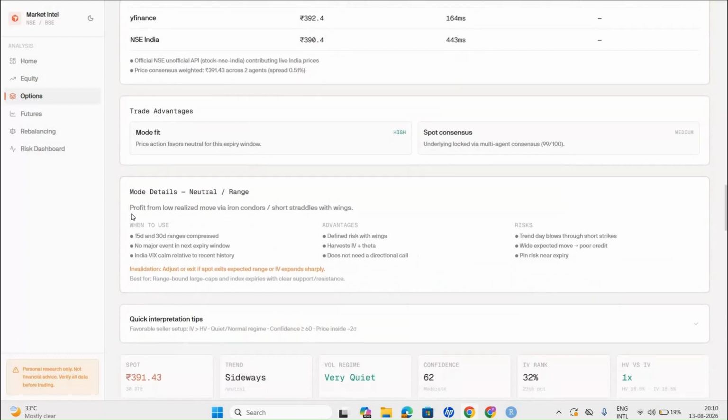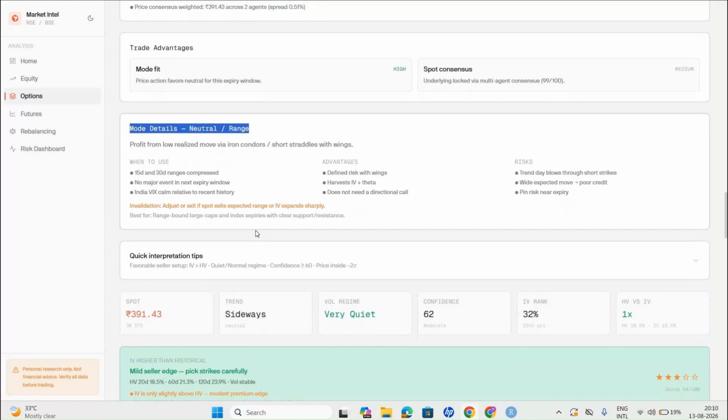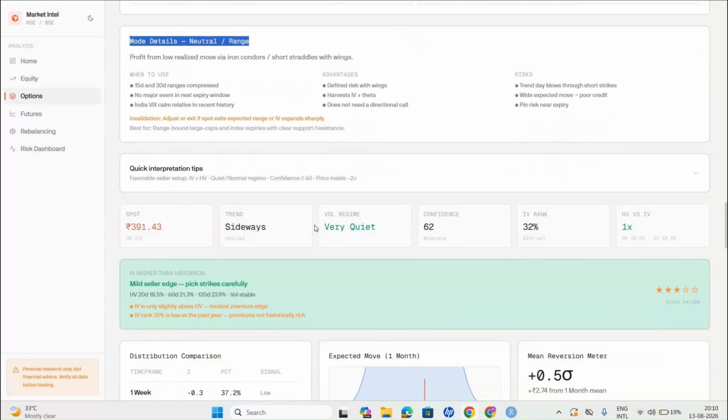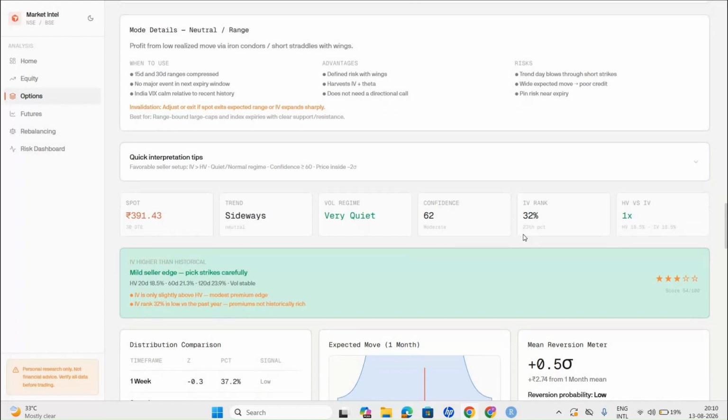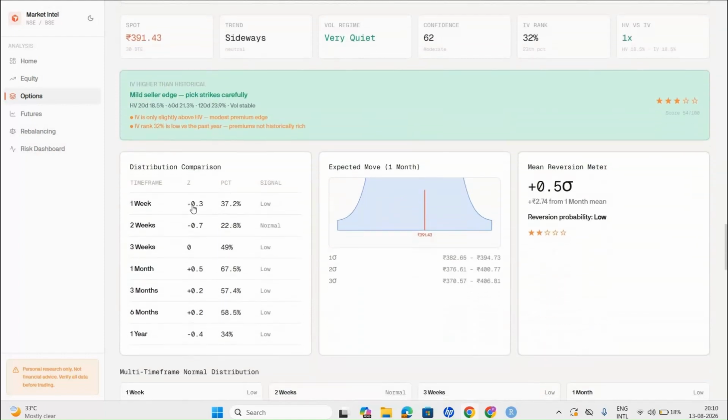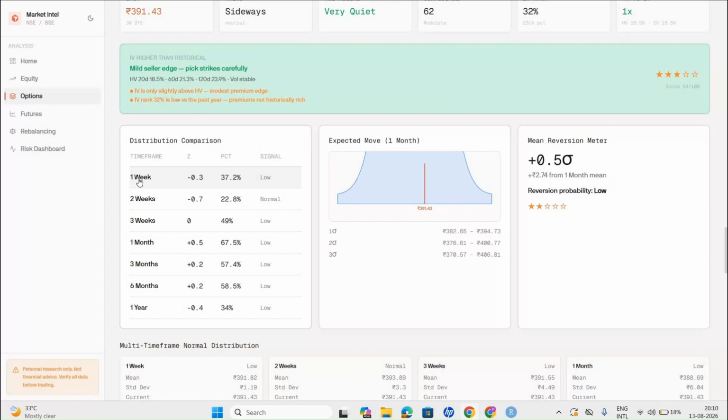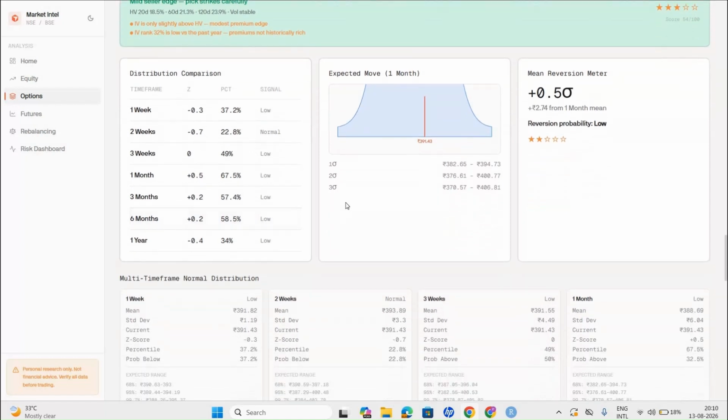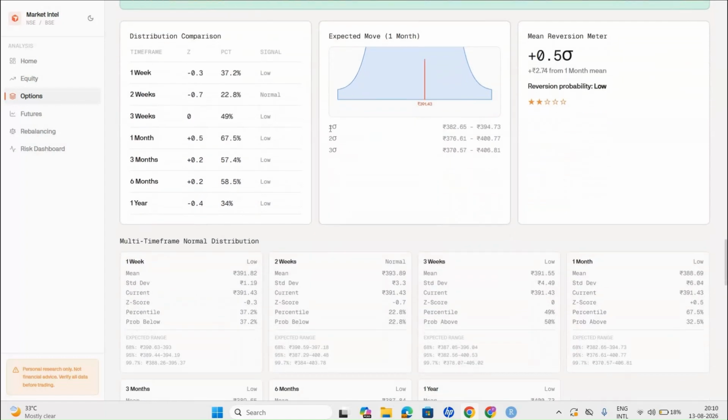Then there's always the option for more detail: neutral or range bound, adjustment, basically sideways trend, very quiet, confidence is 32, IV rank is 32%. It shows the maximum 1 week fluctuation, 2 week fluctuation, 3 week fluctuation, and here you can see 1 standard deviation, 2 standard deviation, 3 standard deviation.